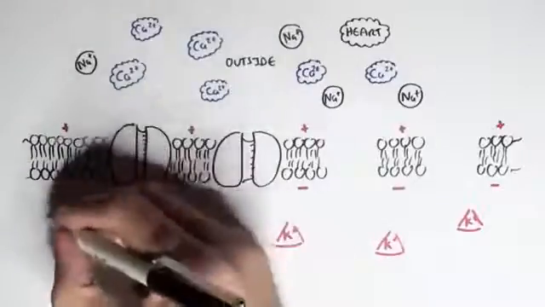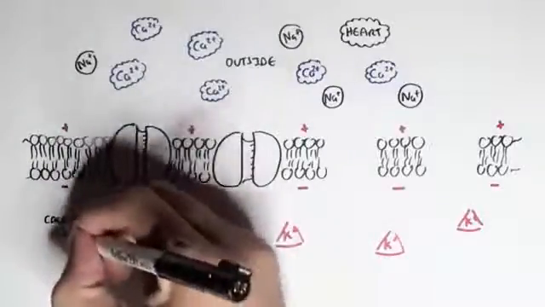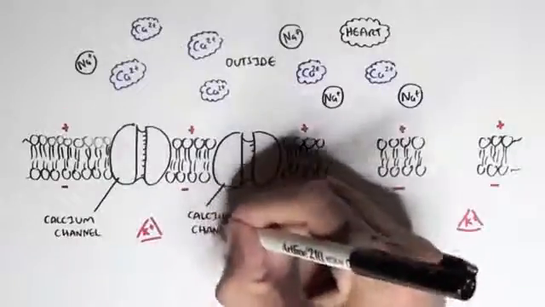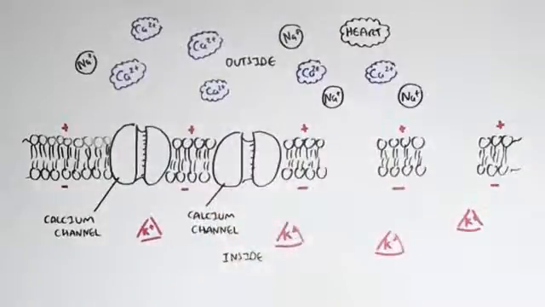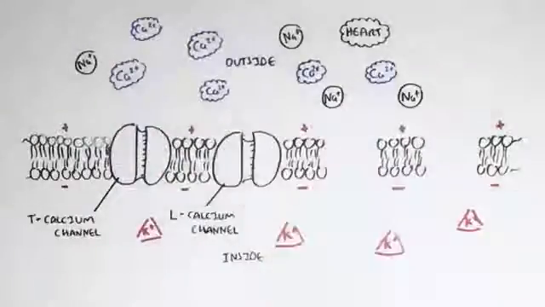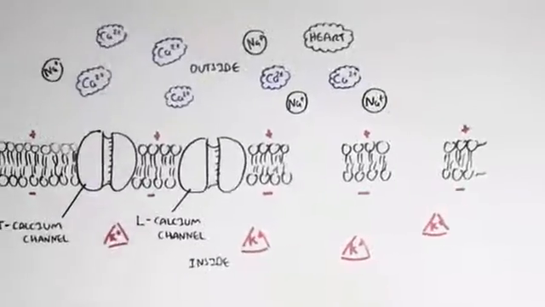For example, here we have two protein channels for calcium ions. Calcium ions within the heart have two types of protein channels: an L type and a T type. So when calcium moves inside the cell from the outside through these protein channels, it will change the membrane potential. So let's look at a graph and try to understand this membrane potential process.